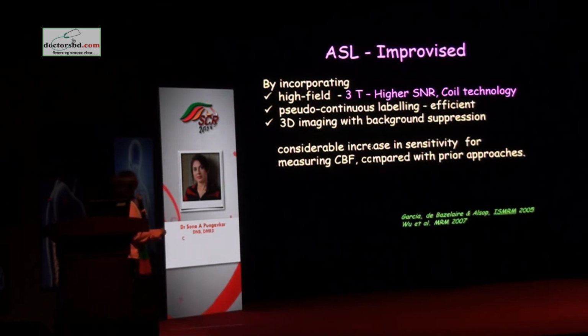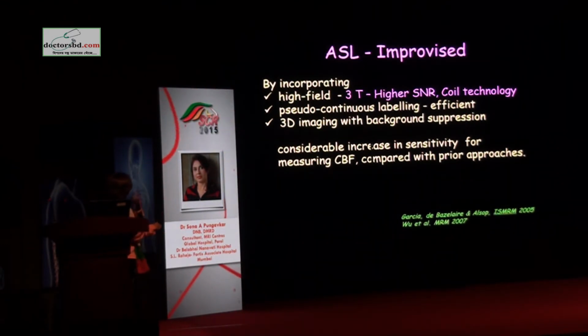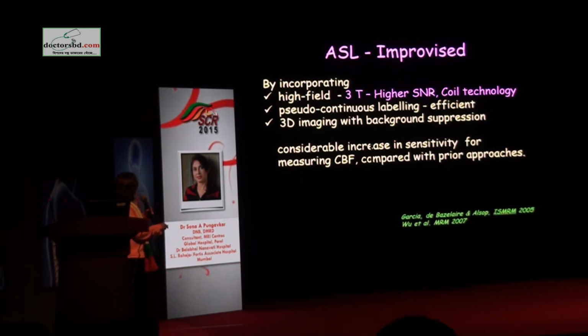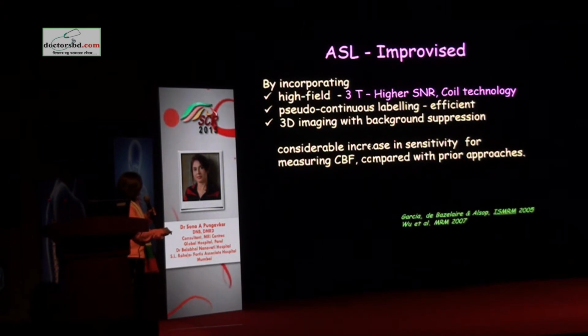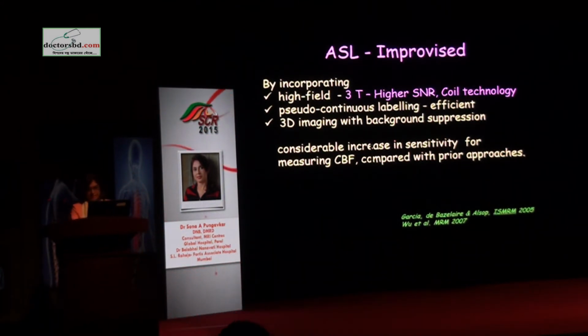Because of the improvisations, coil technology changed, we have better coils now, and therefore we have higher SNR with 3 Tesla, etc. Pseudo-continuous labeling was developed, and the main thing is that there is good background suppression with the newer magnets, and that's why now we are able to use ASL so well.